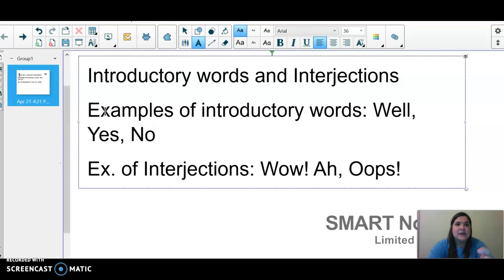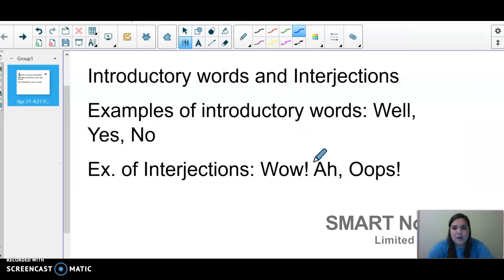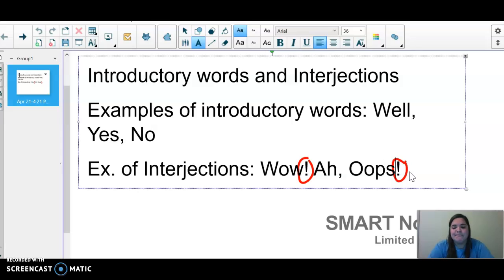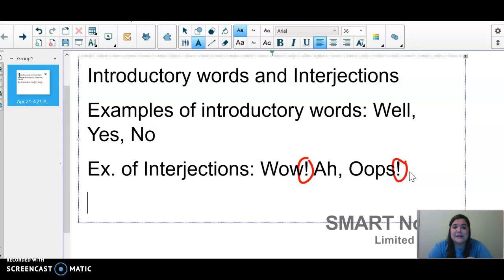Things like that. So one big difference between introductory words and interjections is that right here, I'll circle it for you guys, we see in some examples of interjections, you might use a different ending to your sentence, and that's okay.